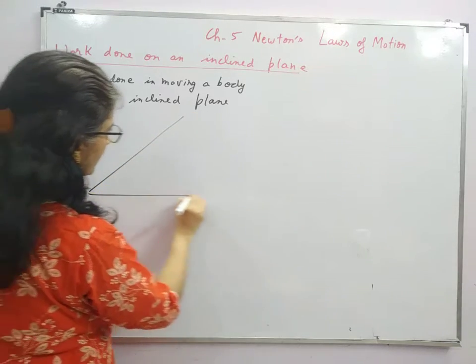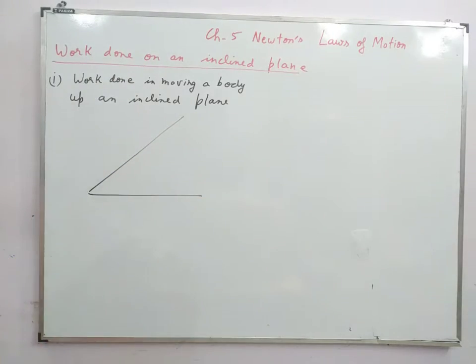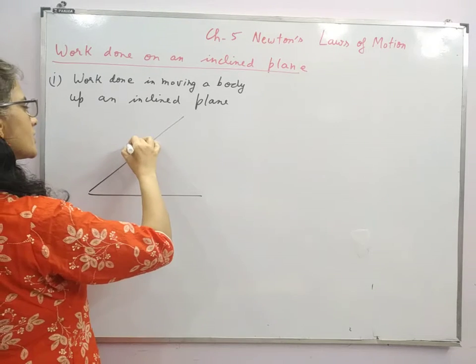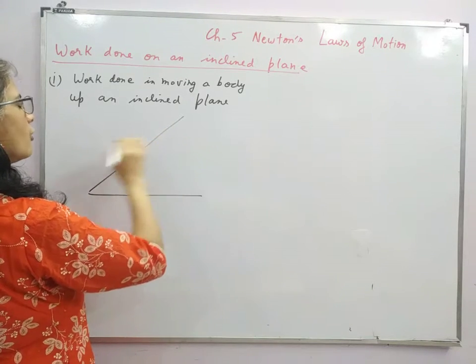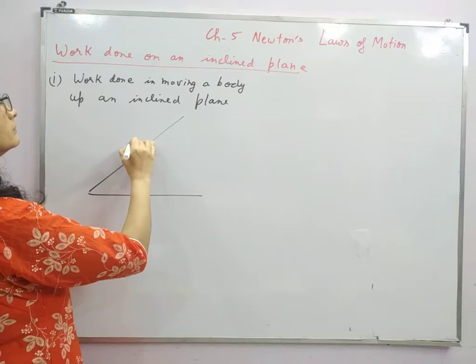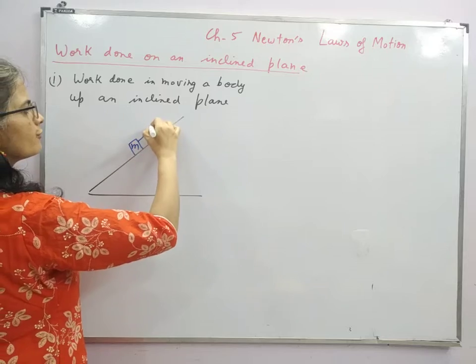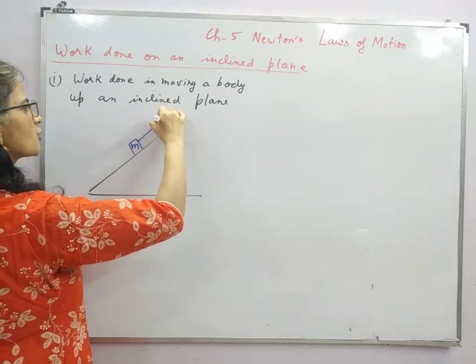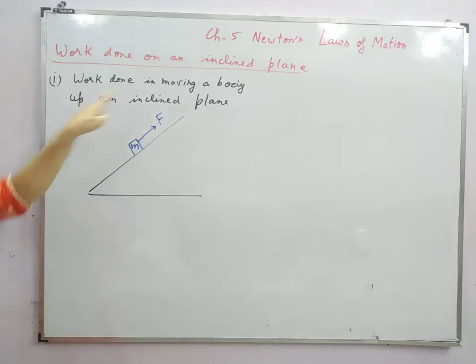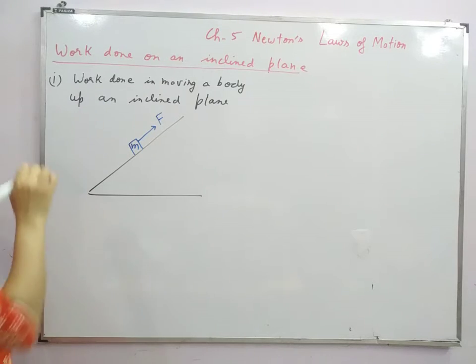This is the inclined plane, and on this inclined plane we have this block of mass m, right? We are applying force along this direction to make it move up an inclined plane.